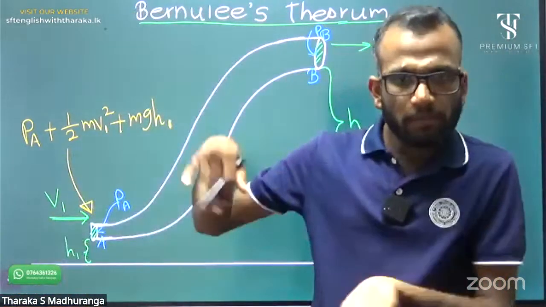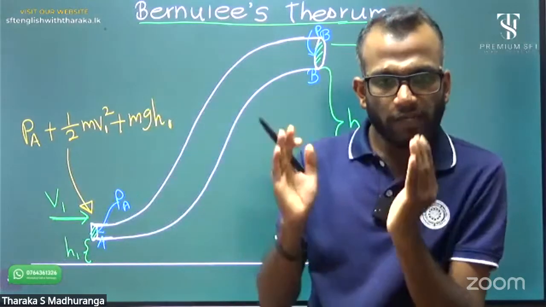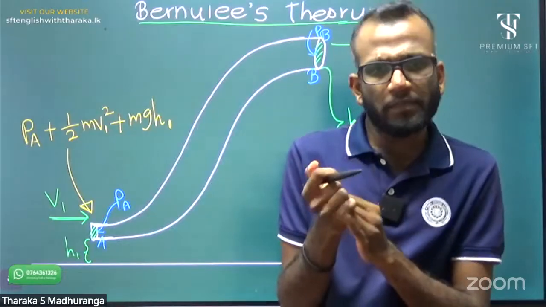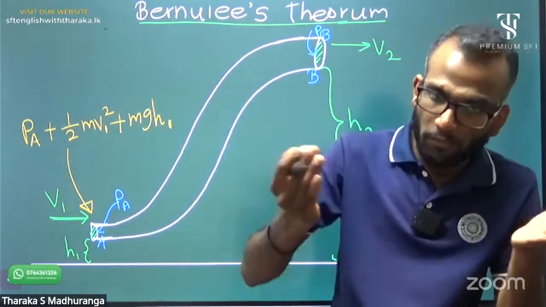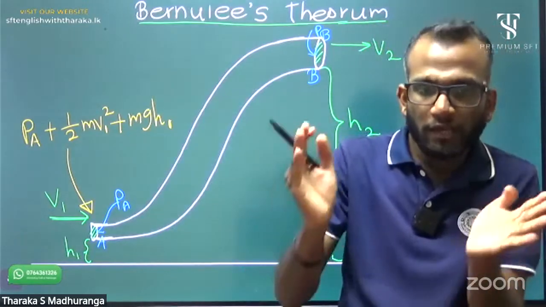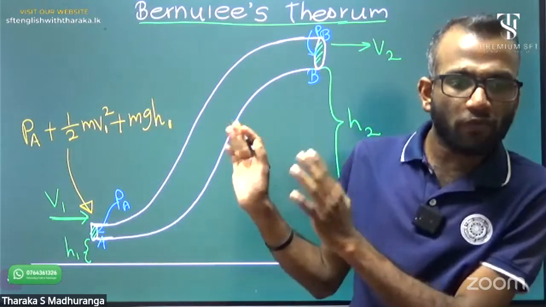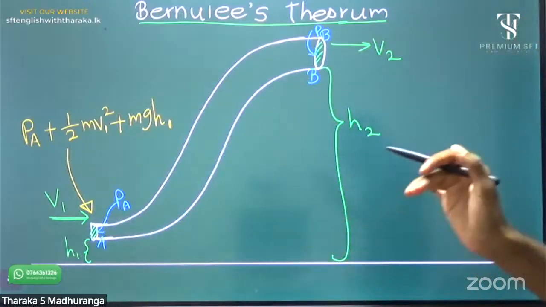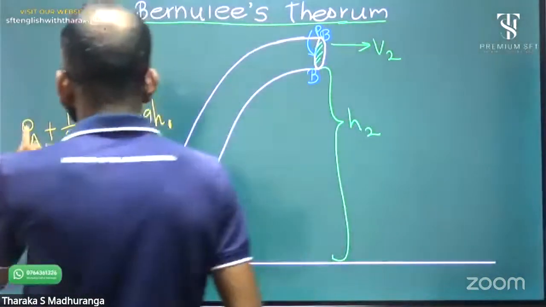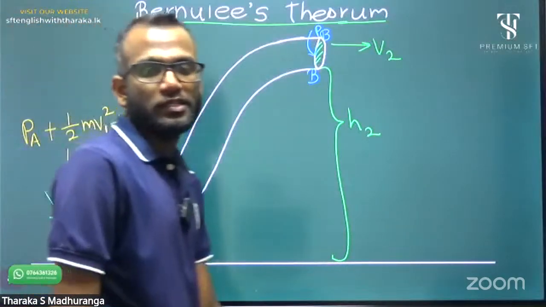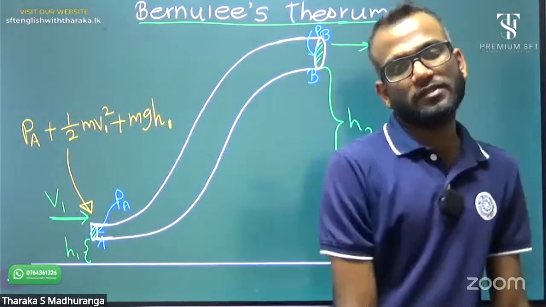Now it is a stream tube, incompressible, non-viscous. I will explain the meaning of them. Whatever fluid, let's say water, is flowing through this stream tube. When water is flowing through this tube, the pressure, kinetic energy and potential energy sum is a constant.